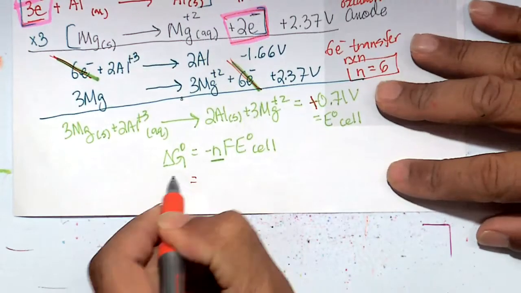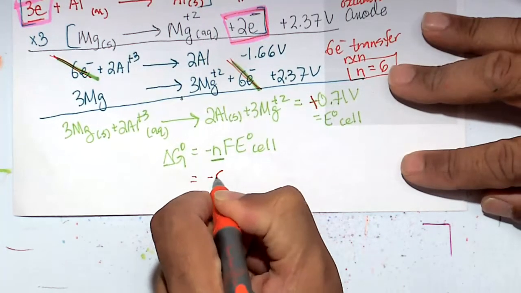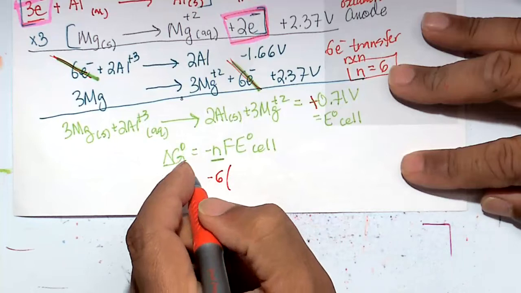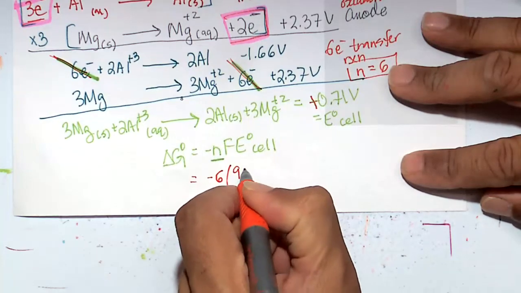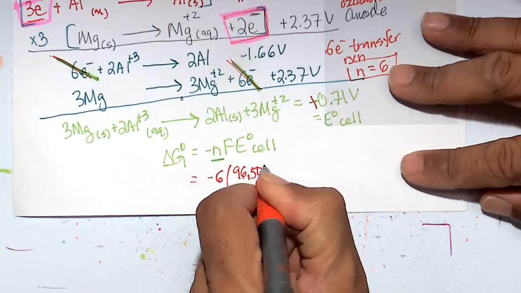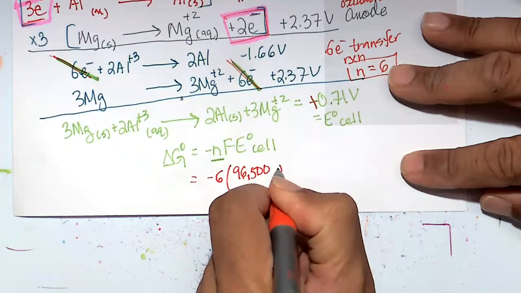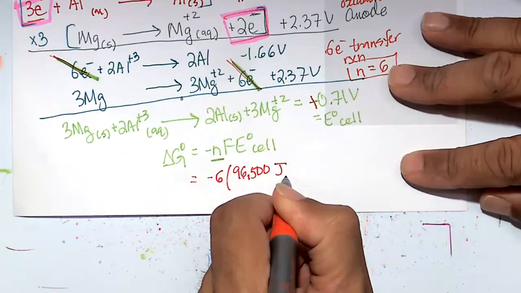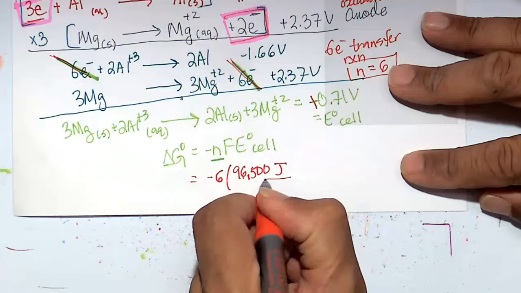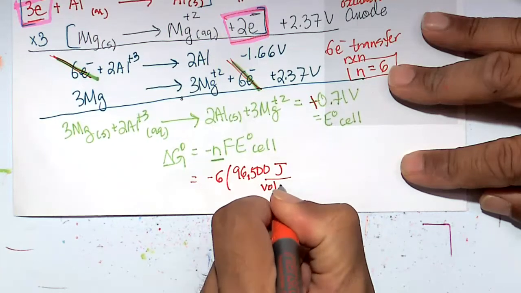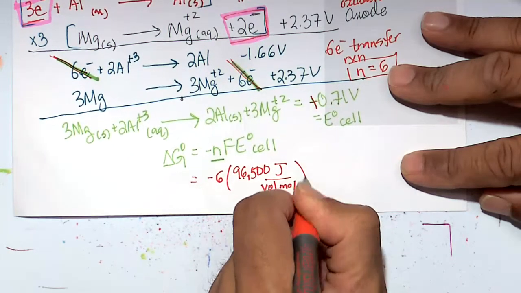So minus n, that would mean minus 6. Now F is a constant, so I will give you that. It's 96,500 joules per volt mole.